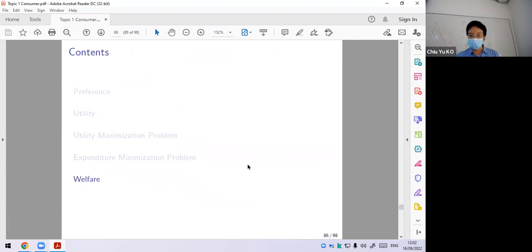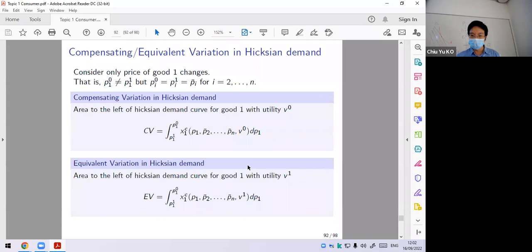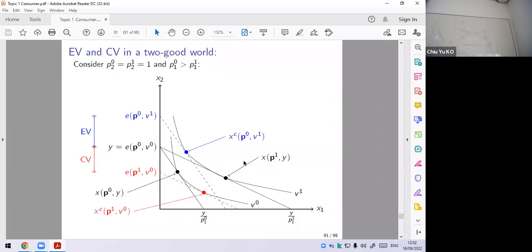And that's what happened in the graph, right? Because now the change had happened, how much do we need to compensate that guy? Or suppose the change had not happened, what is the payment that is equivalent to it? So that is what it means.